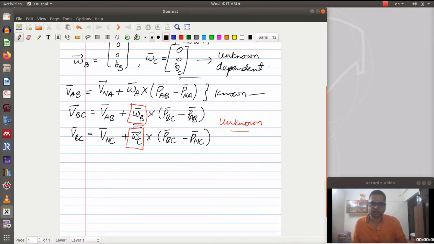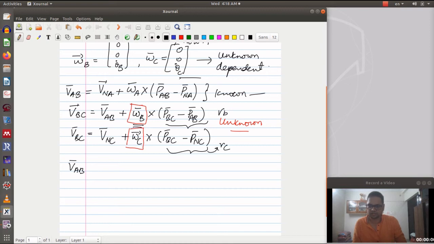Now we need to determine the unknown quantities. Let us call this RB and let us call this RC to simplify. Okay. Now let us equate these two equations first.